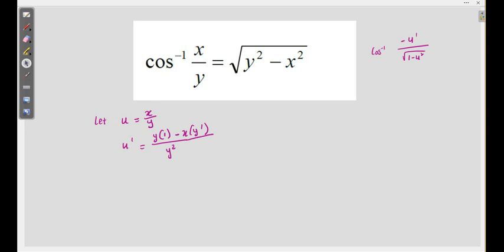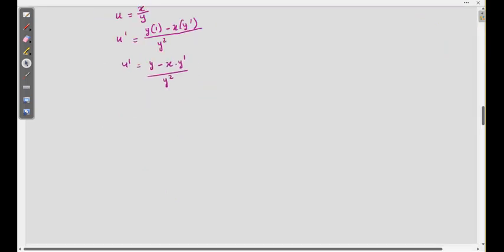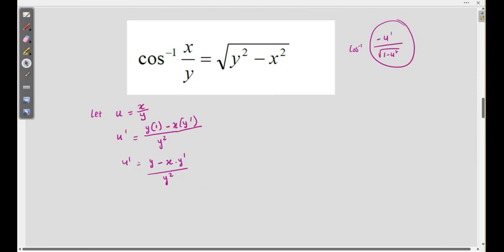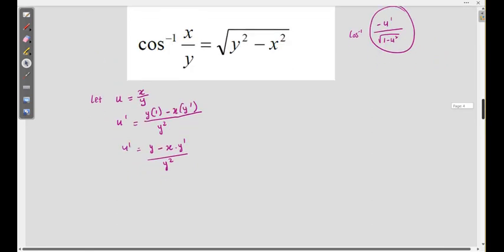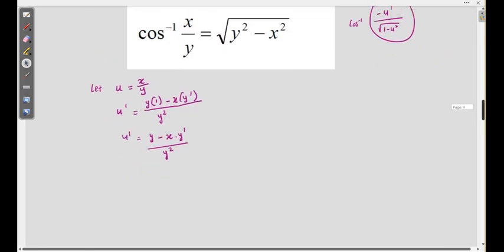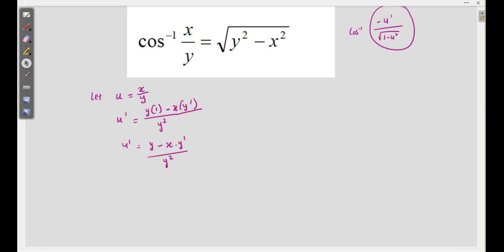Yeah, that was my answer also. So we have y minus x times the derivative of y, all over y squared, as our derivative of u. Then we can plug it in the formula for cos to then say we have negative of this, right?